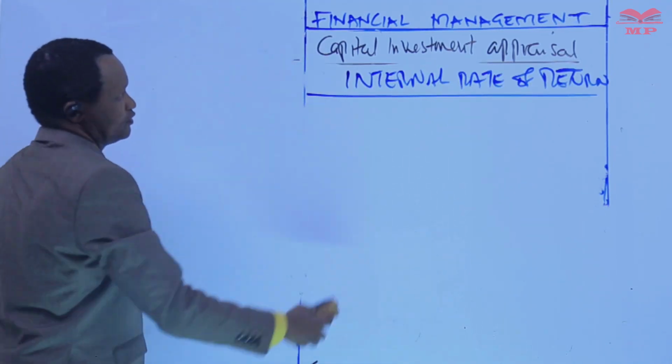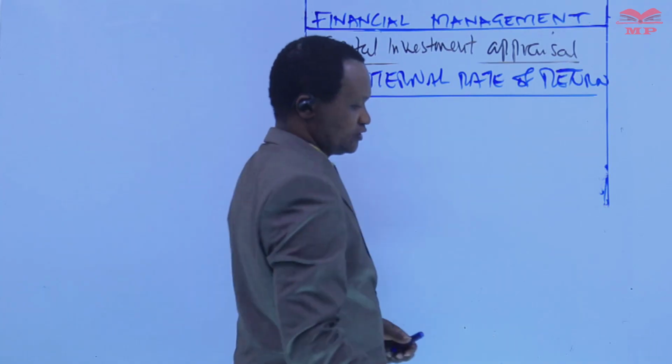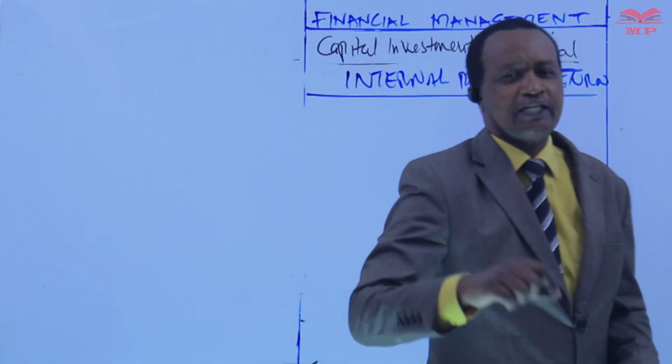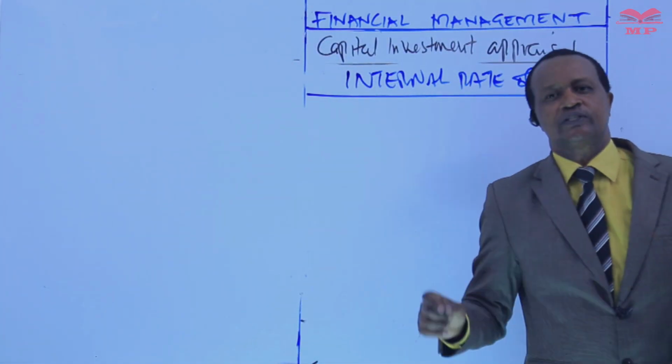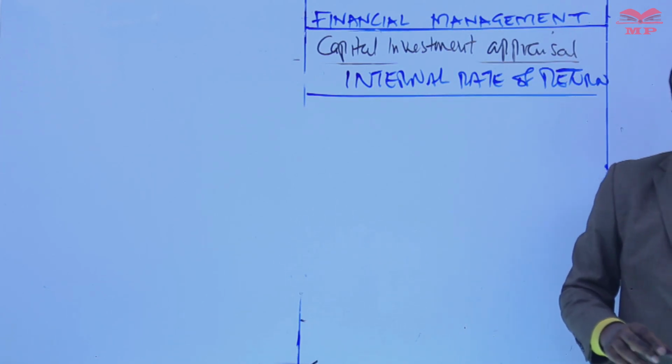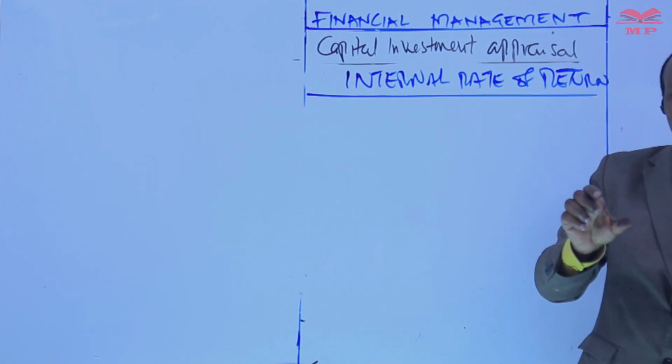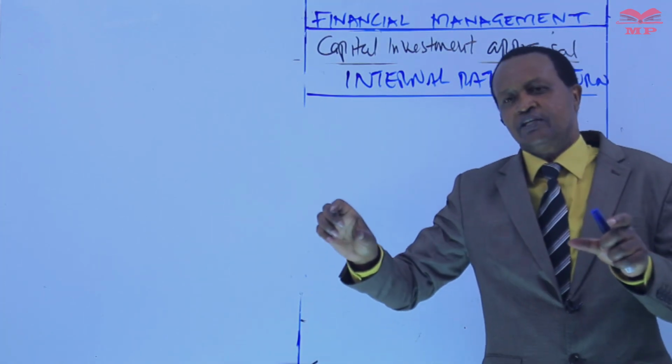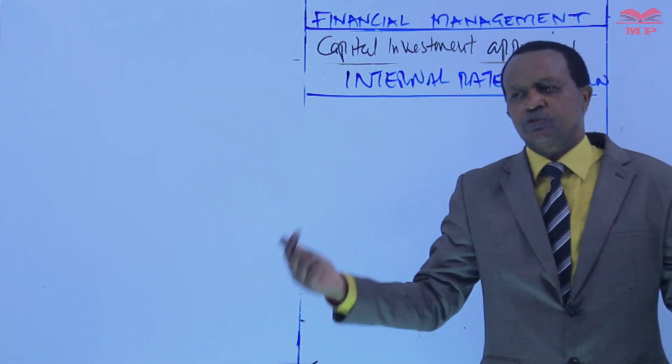Now, the internal rate of return is another discounted cash flow technique. The internal rate of return, we can define it as the discount rate that makes the NPV of a project equal to 0.